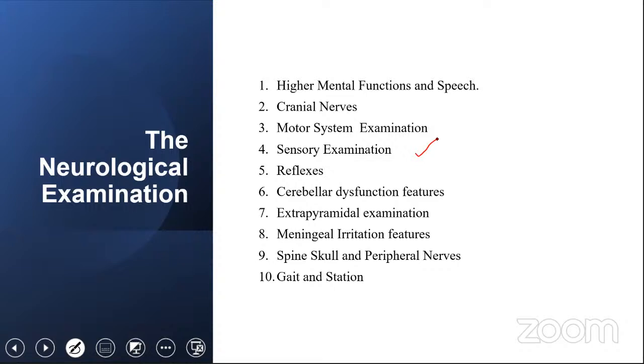We'll test gait and station, how they are doing. So this, in essence, is the whole CNS workup which is to be addressed, right?